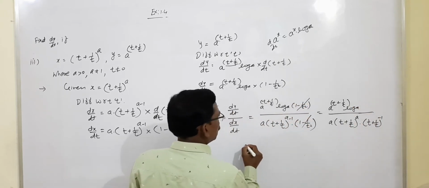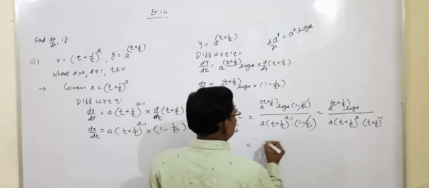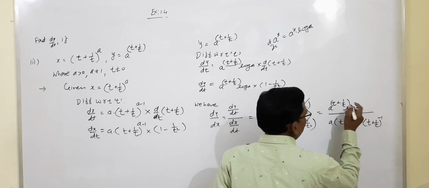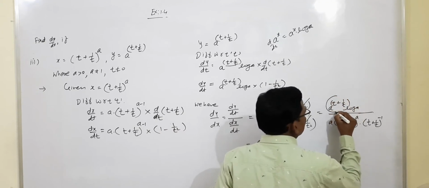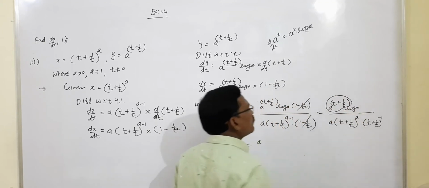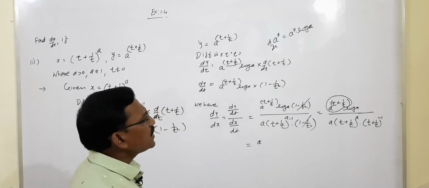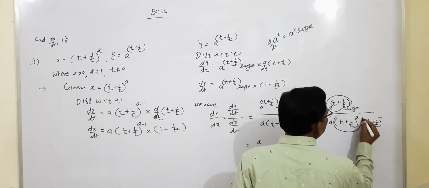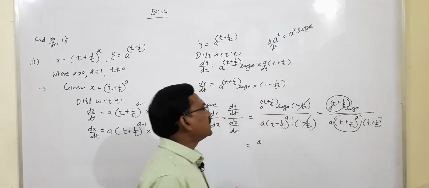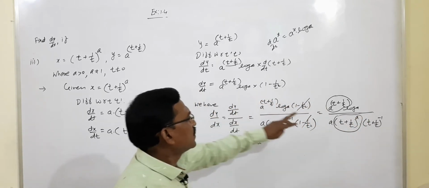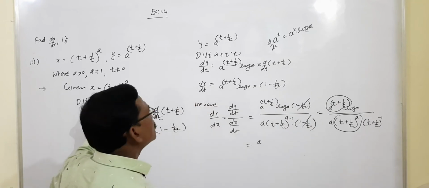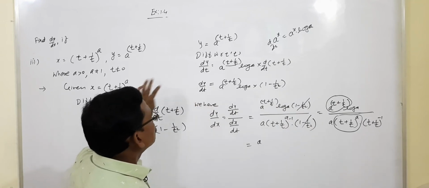So it is equal to a, and also we write this a to the power t plus 1 by t, and t plus 1 by t to the power a. Now a to the power t plus 1 by t is nothing but y.